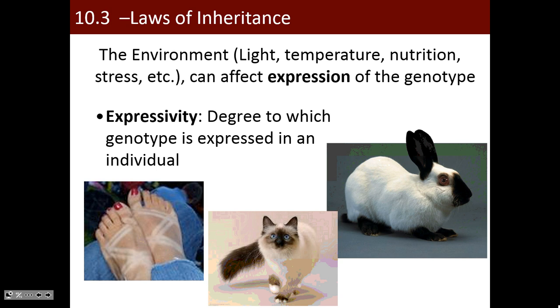So it's important to remember that the environment is going to impact how genes are expressed. And when I say the environment, you can be talking about light, UV exposure, temperature, nutritional status, stress hormone circulating levels, right? And these things may be important in the adult organism. They can be really important in the developing organism, right?